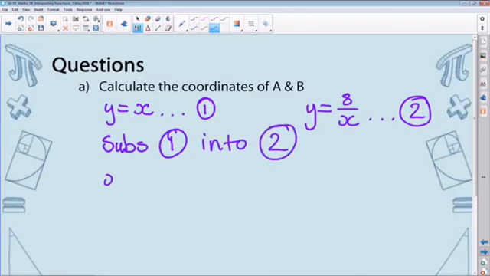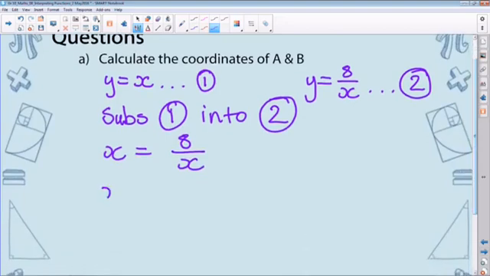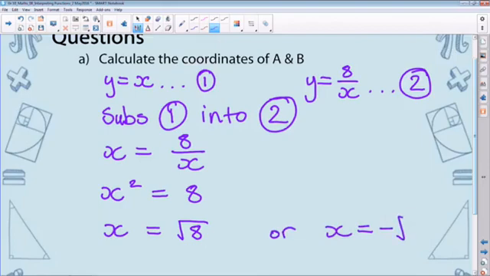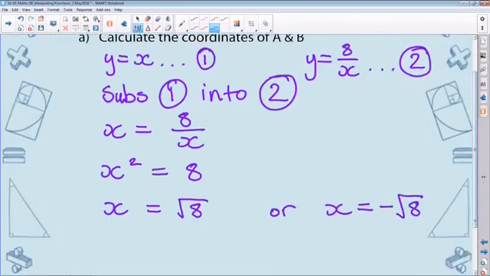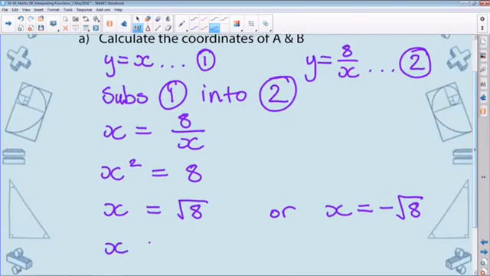So that means we've got x = 8/x. And that means we have x² = 8, which means that x is going to either be equal to the positive square root of 8 or x will equal the negative square root of 8, which I'm sure you know is x = 2√2 or x = -2√2.